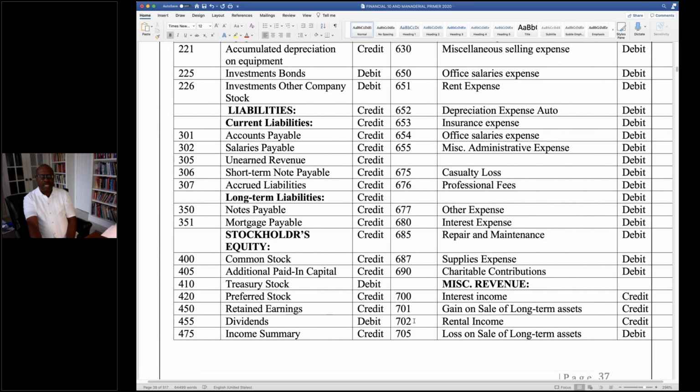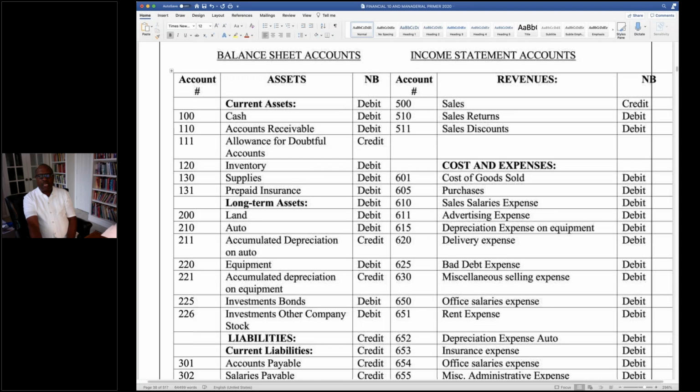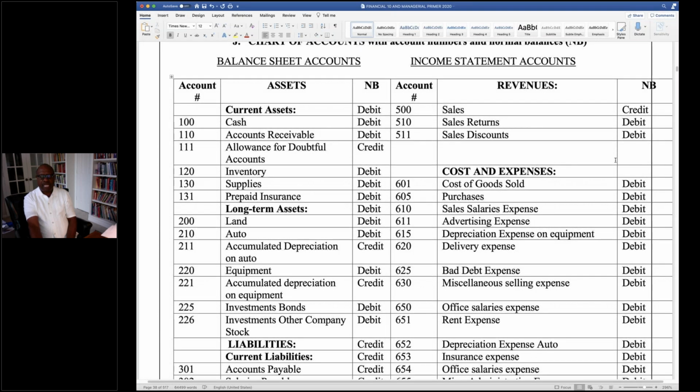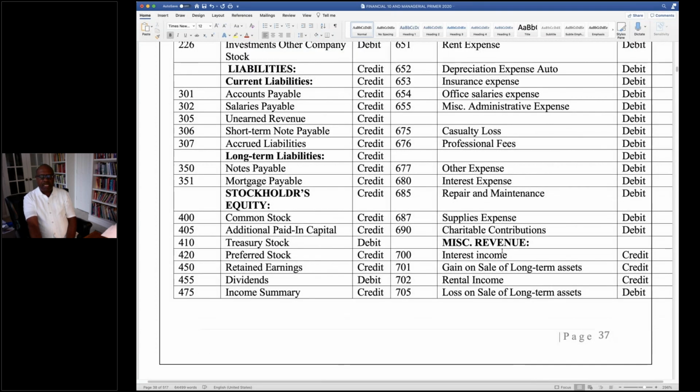Income summary really will zero out. Sales has a credit balance, and everything else over here typically has debit balances. If you get down here to some miscellaneous revenue, that will have credit balances also.